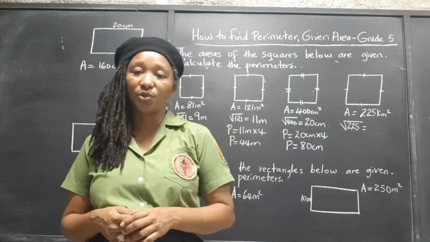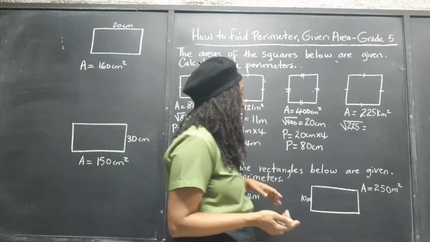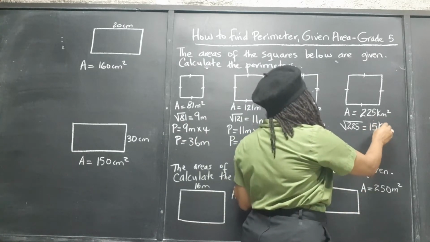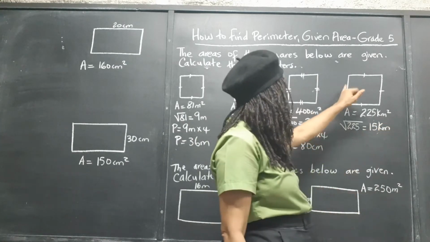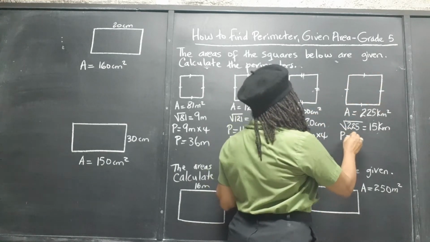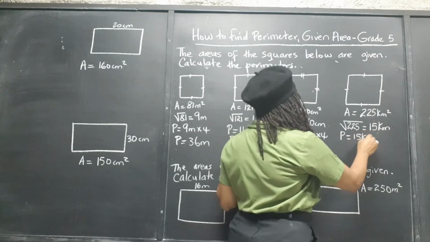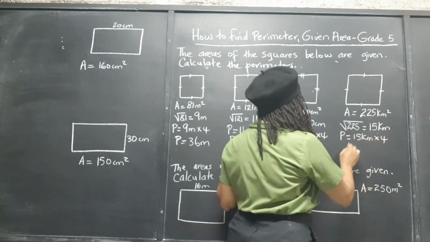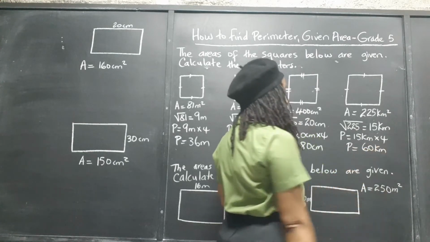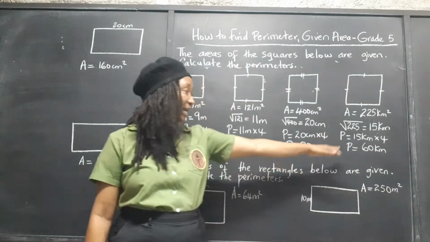They're pretty easy to know up to 20 at least. 15 times 15 gives 225. So the side is 15. Each side is 15. Therefore, the perimeter is 15 times 4. 15 times 4 is 60 kilometers. So that is the perimeter of that square.